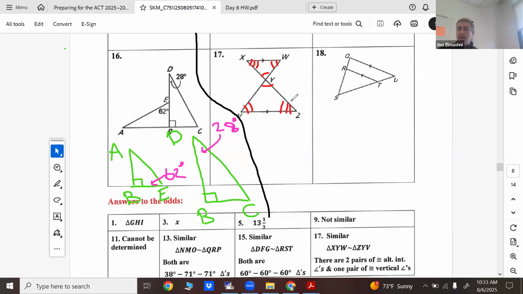How do I know that? Because you have parallel lines, right? But let's look at 16 first.